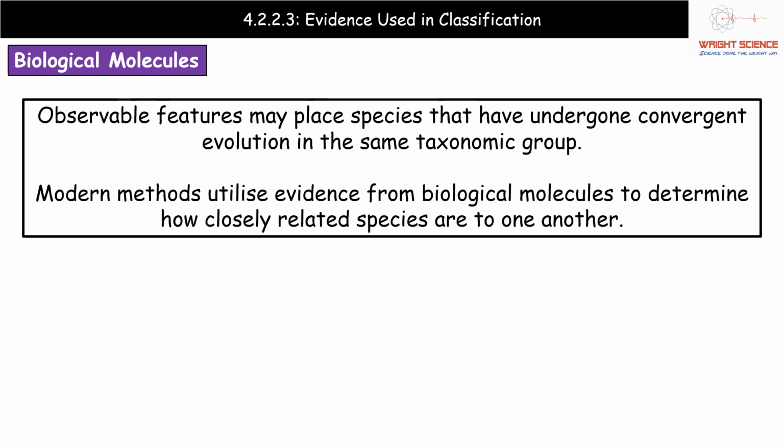So what we find is this throws up a problem for us when it comes to classification, because any of these organisms that have undergone convergent evolution, because of all those observable features that are really similar to one another, then we may want to put them in the same taxonomic group, just based on those features we can see.